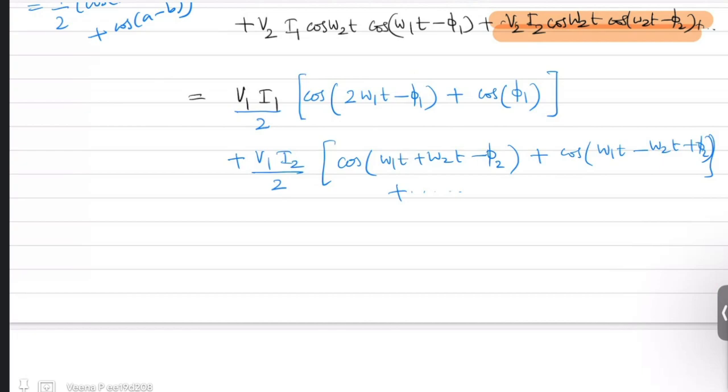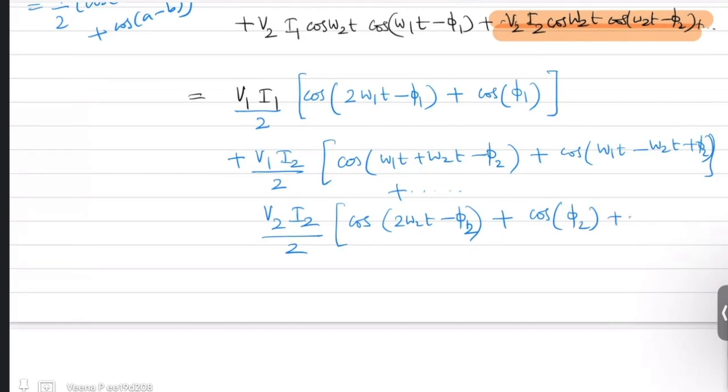Now for the other similar frequency term, this will become V2 I2 by 2 cos 2 omega 2t minus phi 2 plus cos of omega 2t minus omega 2t minus of minus phi 2, which is cos phi 2, plus so on.